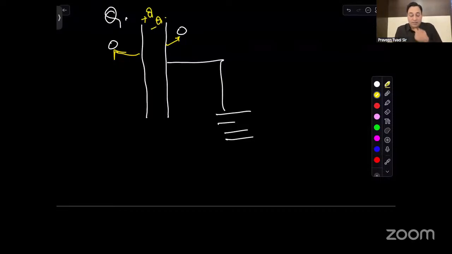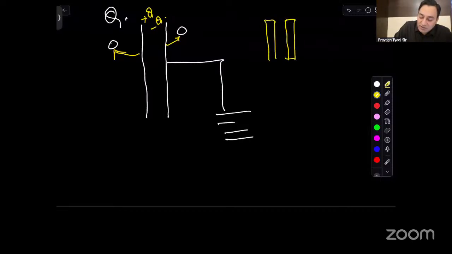Now, again, this is similar to that situation that the two plates brought in touch with each other. I earthed it, then the whole charge will flow to the ground. So outer surfaces have zero charge, and this inner charge will exist. And that inner charge, try to understand this.